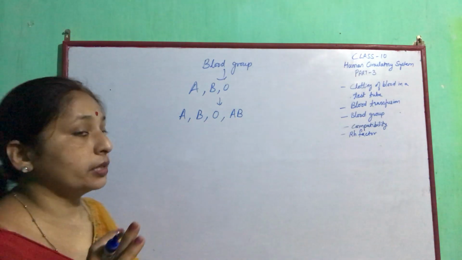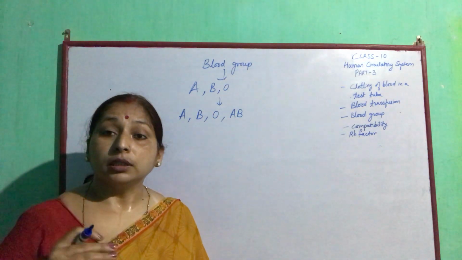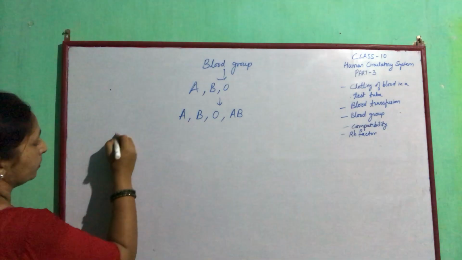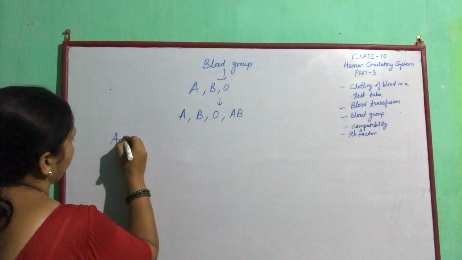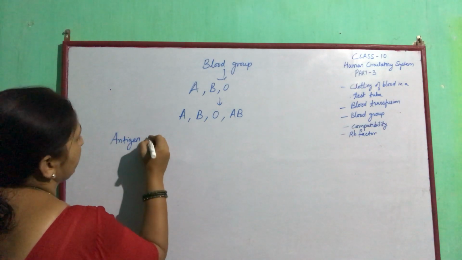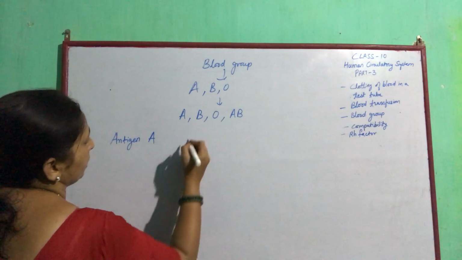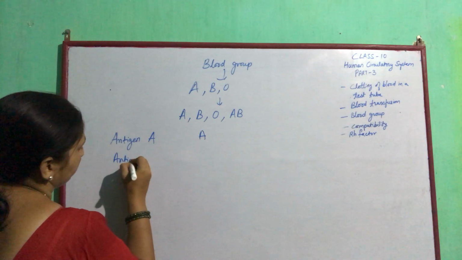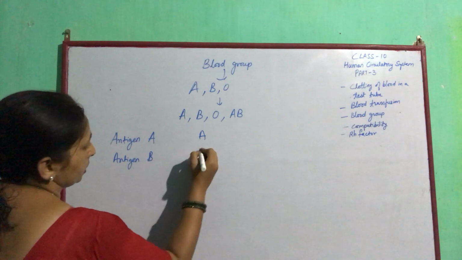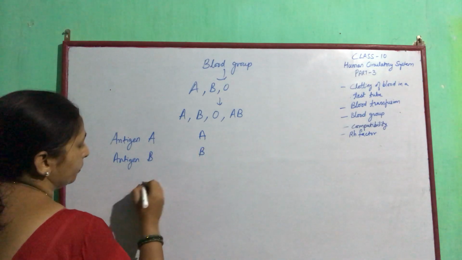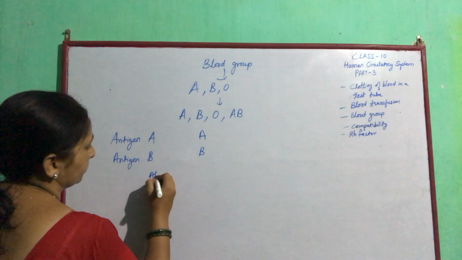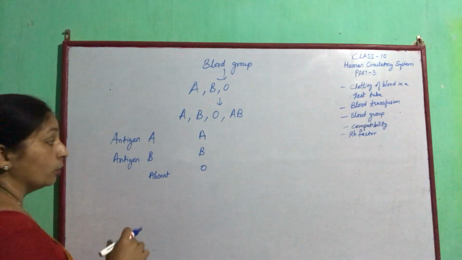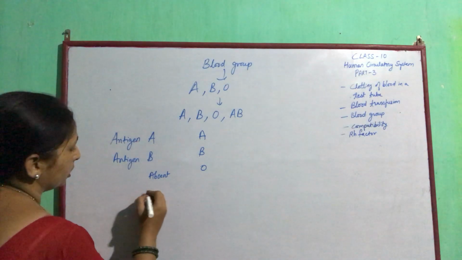These blood groups are named based on the antigen present on the blood corpuscles. If antigen A is present, then the blood group is A. If antigen B is present, then it is B. If both are absent, then the blood group is O. Then what happens if both the antigens are present?